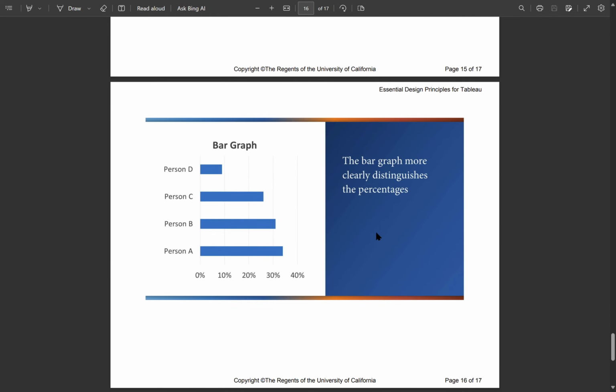But if we look at this one, the bar seems to be really evident and shows the difference between percentages without needing a percentage sign. Therefore, this is really a better graph than the pie chart.